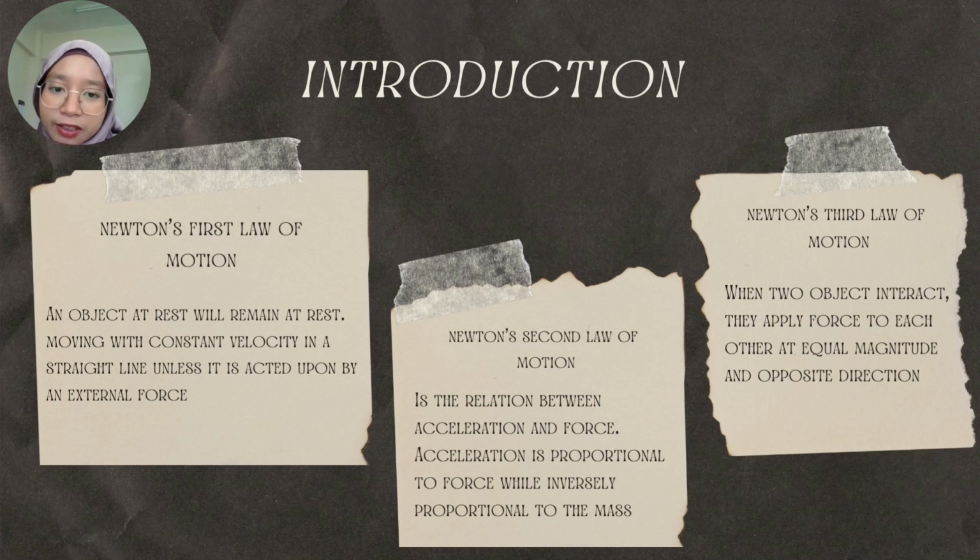The second is Newton's second law of motion. It is the relation between acceleration and force. Acceleration is proportional to force but inversely proportional to the mass. The third is Newton's third law of motion. When two objects interact, they apply force to each other in equal magnitude and opposite direction.